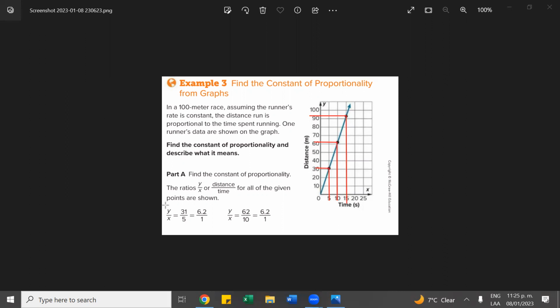And we have them all right here in the bottom. So when we do the division, we will get the same answer for any point. 31 divided by 5 is 6.2, divided by 1, which is 6.2. 62 divided by 10 is 6.2 divided by 1. So the constant of proportionality for this example would be 6.2 divided by 1.